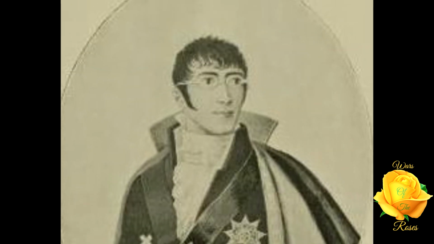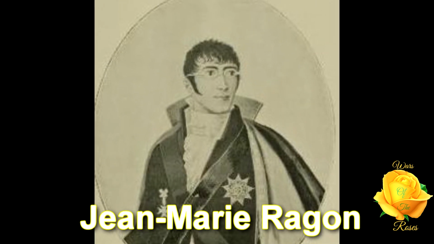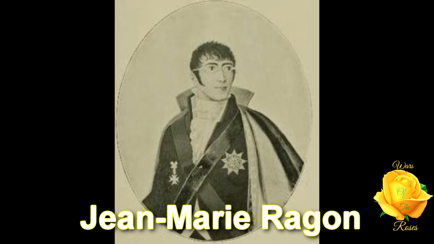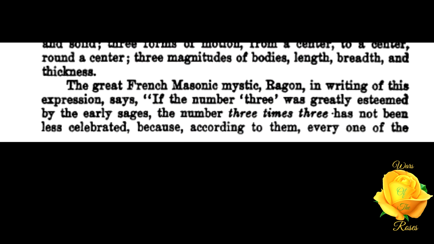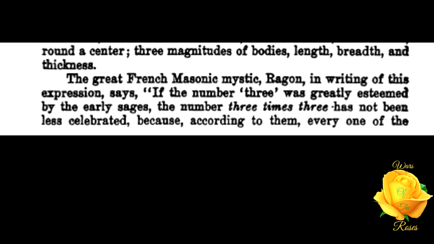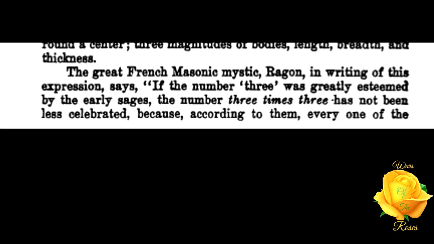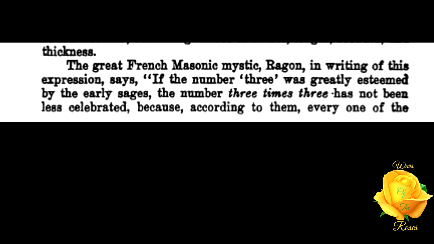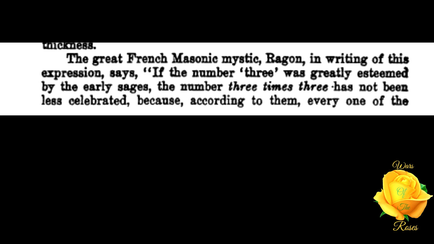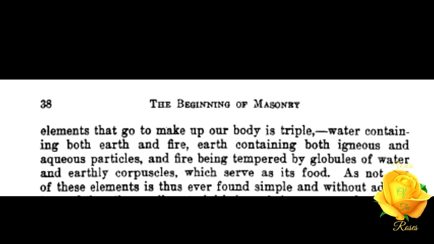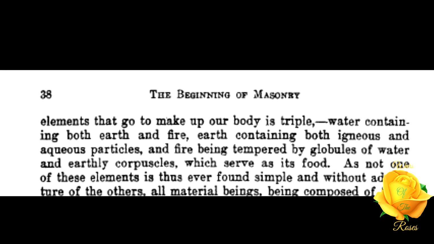The great French Masonic mystic, Ragon, in writing of this expression says, if the number 3 was greatly esteemed by the early sages, the number 3 times 3 has not been less celebrated, because according to them, every one of the elements that go to make up our body is triple.